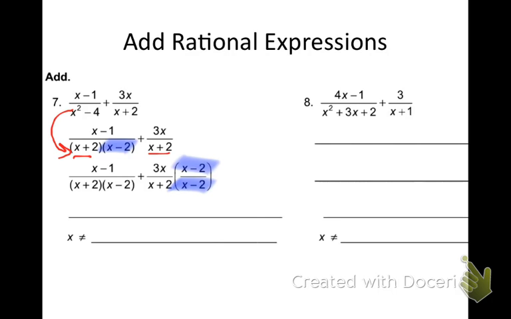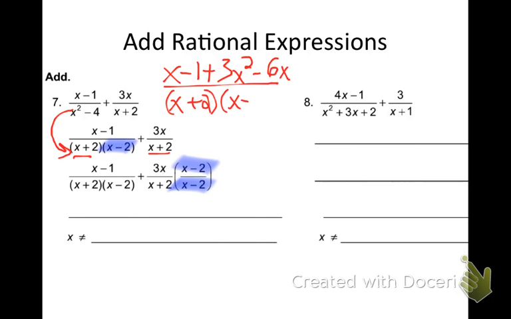So when I multiply them, now I end up getting x minus 1 plus 3x squared minus 6x all over x plus 2, x minus 2. And again, all I did there is I distributed the 3x. Okay, I distributed the 3x.